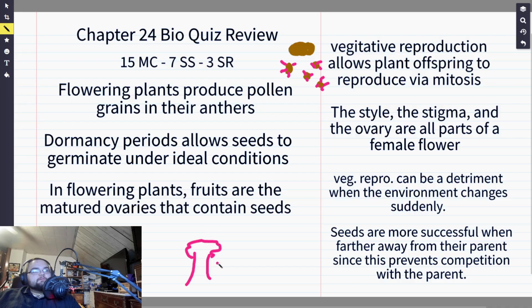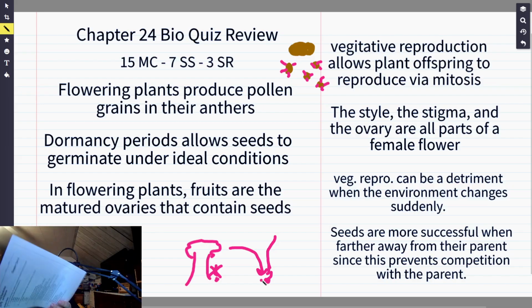If a tree drops its seeds underneath it, well, the seeds are going to start to grow, but then it's going to come into issues. The big tree is going to steal all the water. It's going to take all the nutrients. There's not going to be enough soil around for the seedling to grow. And the big tree is going to block off the sun. There's nothing that the big tree could do about it. It's just the way the big tree is. So the plant is going to die off. It's way better if the seedling is farther away because it's able to grow to its maximum potential due to less competition. So hopefully that makes sense.